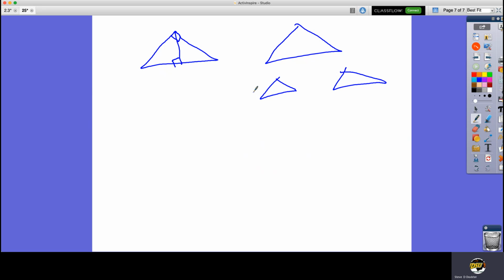I've seen your test corrections. A lot of you got it figured out. So it's not a big deal. If I did put it on there, you should be good to go. But what that ends up being is 2 triangles. We're using Pythagorean theorem to solve. If you haven't figured it out yet, example 10 and 11 show you how to walk through those steps to be able to get it.